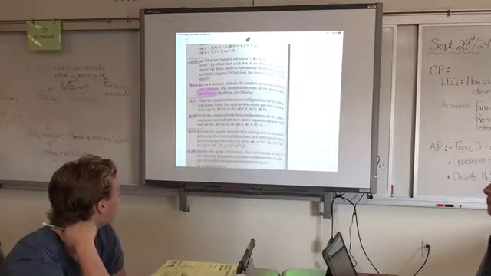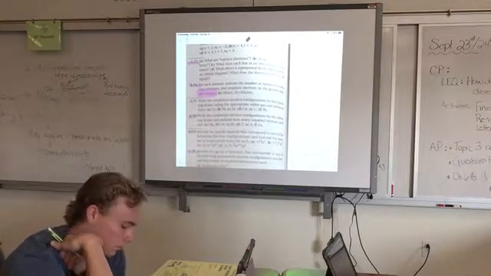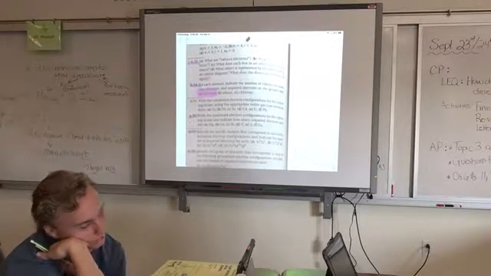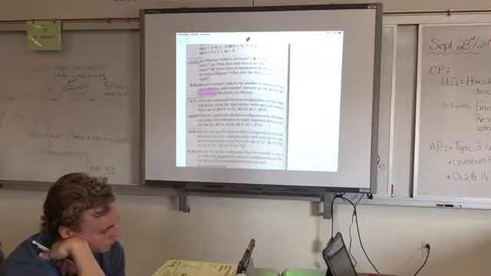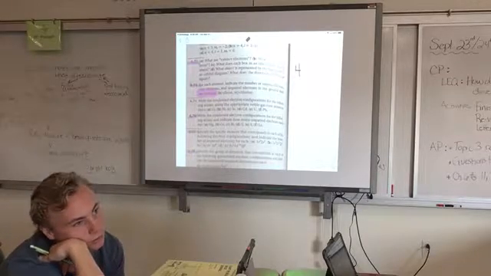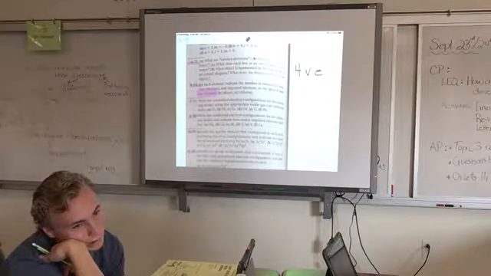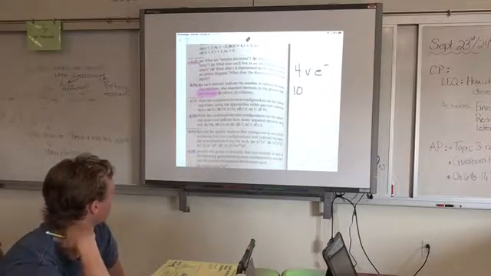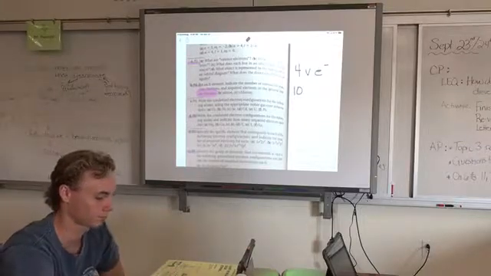How many valence electrons should silicon have based on the group it's in? 4. How many electrons does silicon have total? 14, which means if 4 of them are valence, how many are core? 10, because 14 minus 4 is 10, right?